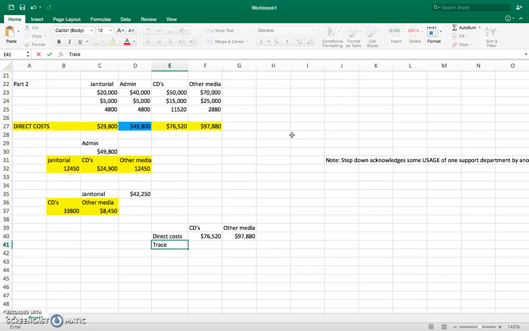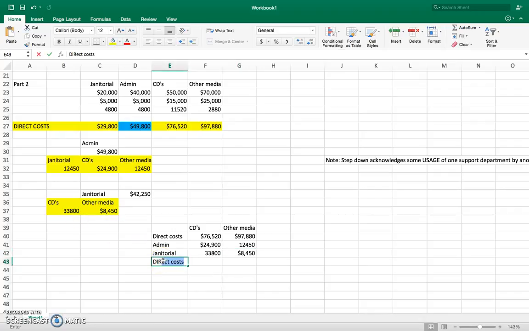So let's call it trace from admin. Remember guys, from admin we allocated to janitorial and CDs and other media. So we're going to take 24,900 and 12,450. And finally, we're going to take it from janitorial, which equals 33,800 and 88,450.